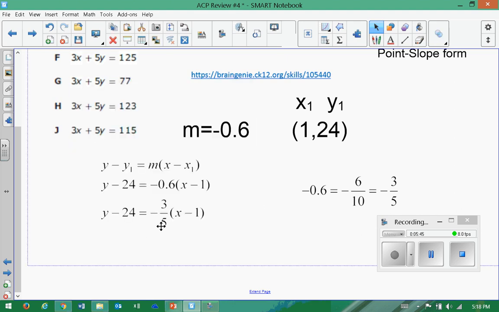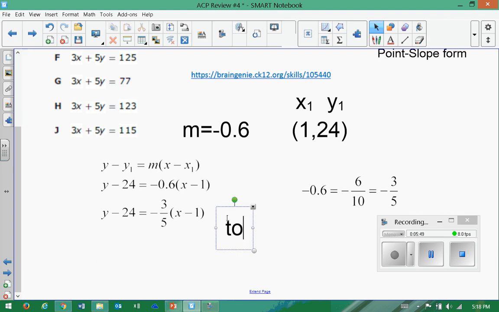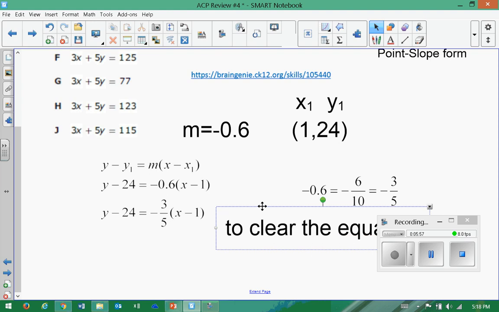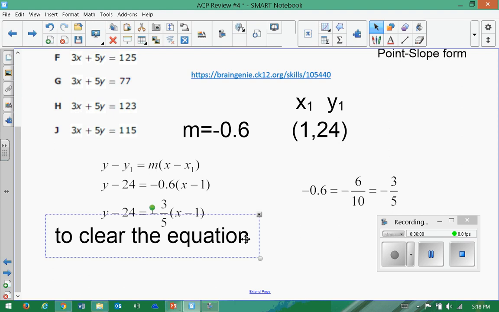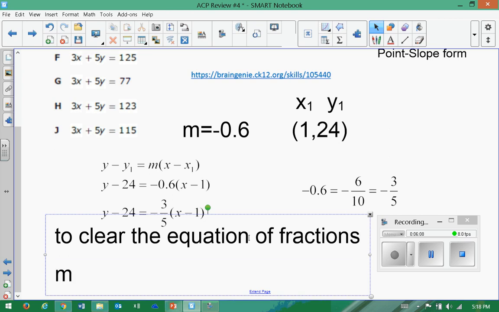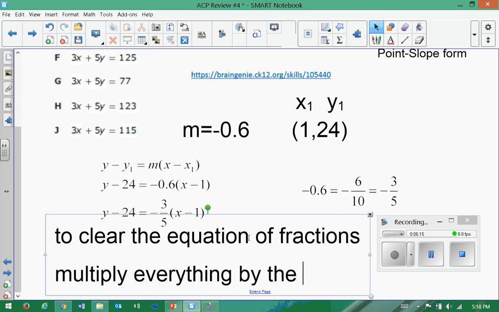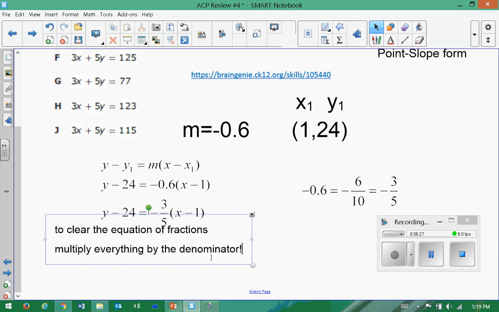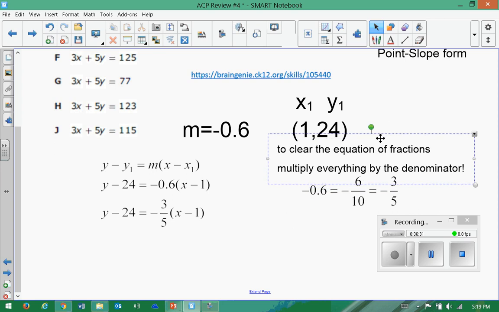Since this fraction has a denominator of 5, to clear the equation of fractions, multiply everything, and I mean everything on the left and the right, by the denominator, which is 5.